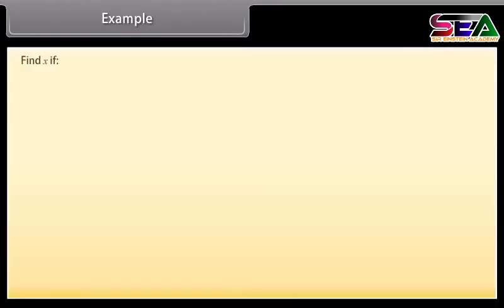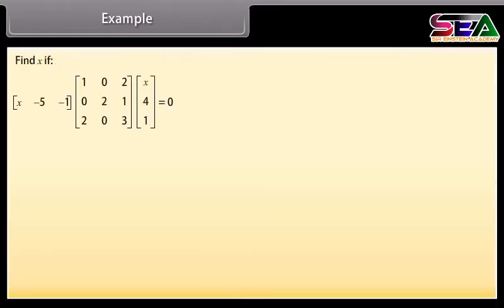Example. Find x if matrix row-wise first row x, minus 5, minus 1, multiplied by matrix row-wise first row 1, 0, 2, second row 0, 2, 1, third row 2, 0, 3, multiplied by matrix row-wise first row x, second row 4, third row 1, is equal to 0.